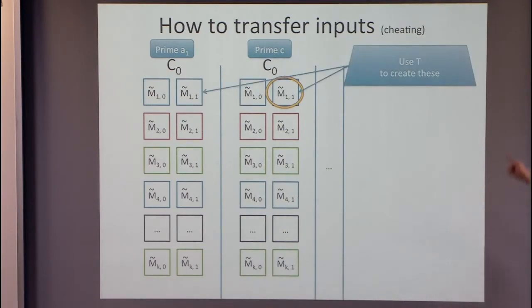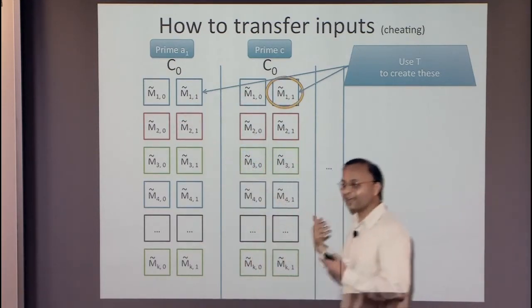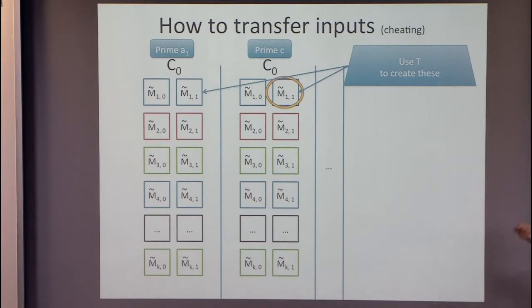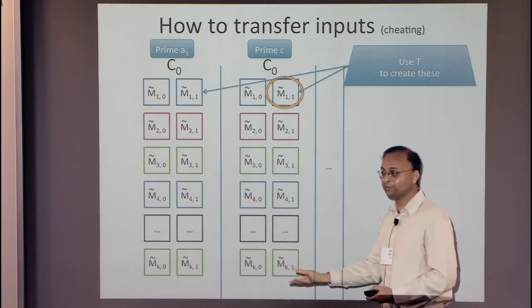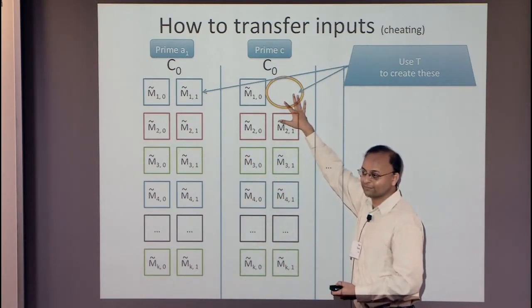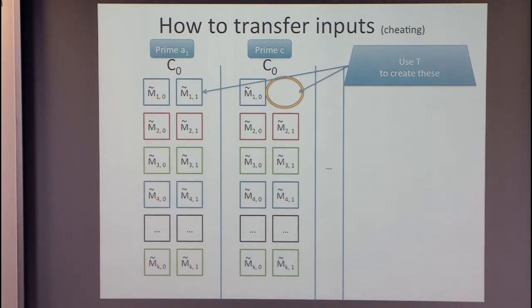And now if I use T, that I get from the assumption, to create these two encodings, I'm done, right? Because if T came from the first distribution, then both of these matrices will exist. But if it came from the second distribution, then this would be zeroed out, right? So that is the essential step that we need to do here, okay?